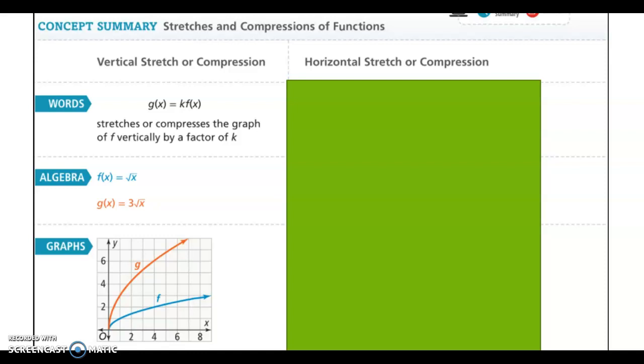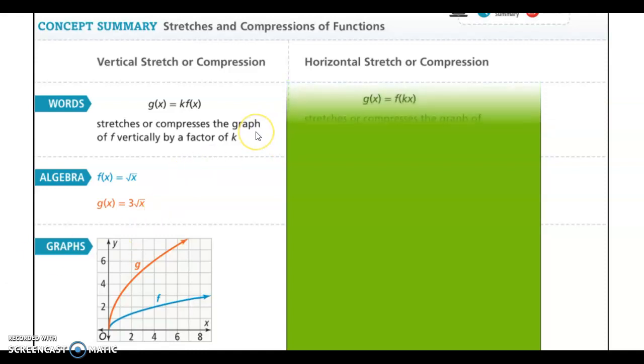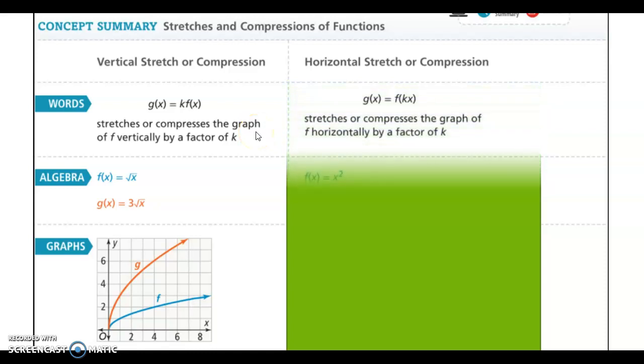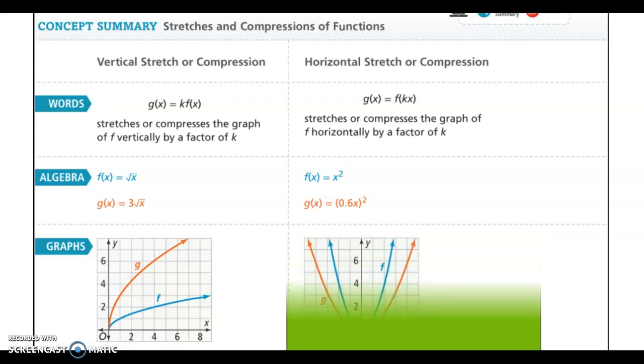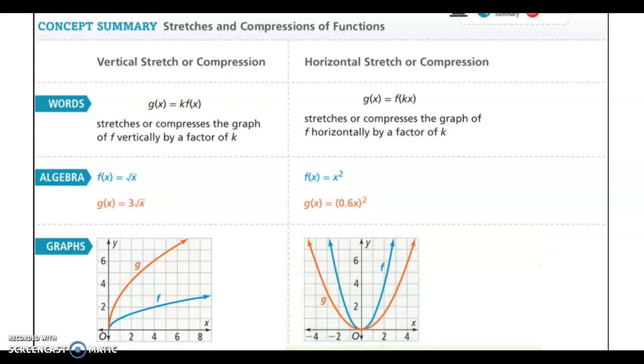If you multiply by a fraction or a decimal, that pulls it towards the x-axis. And then horizontal ones are when you're multiplying your input by k, and here we have a small k, so that's going to push your graph away from the y-axis. So that's the summary for this whole unit.